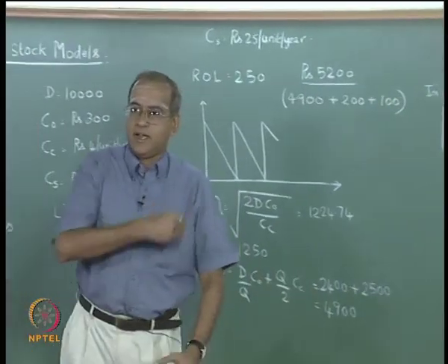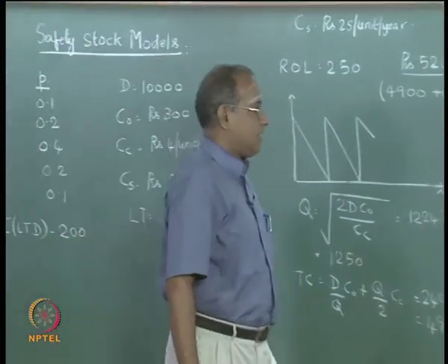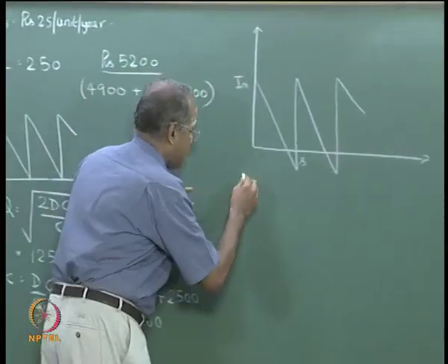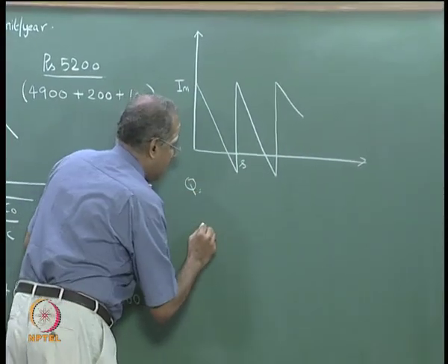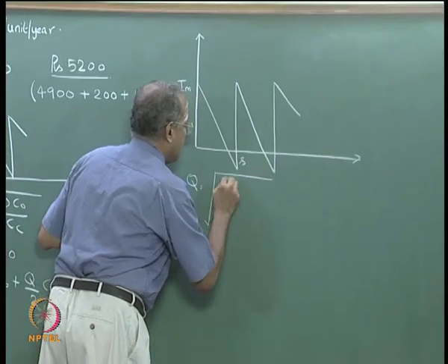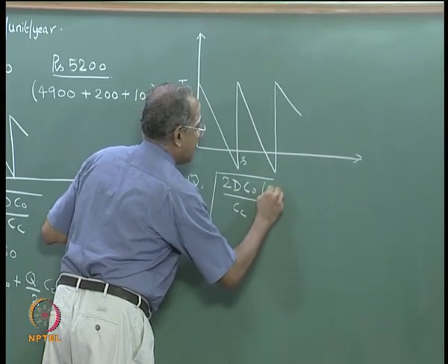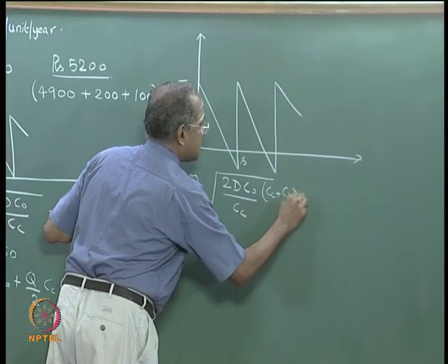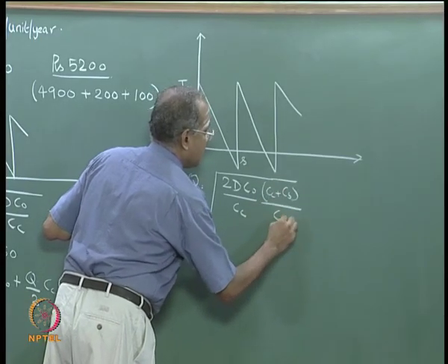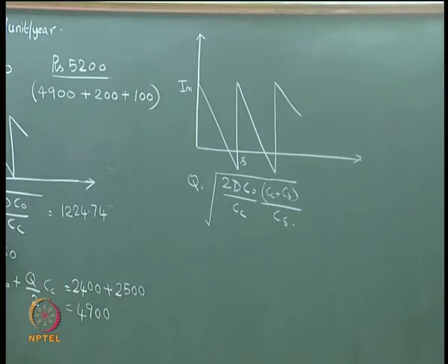We have already derived an expression for this, and that would be like the economic order quantity, where Q is given by root over 2 D C naught by C c into C c plus C s by C s.